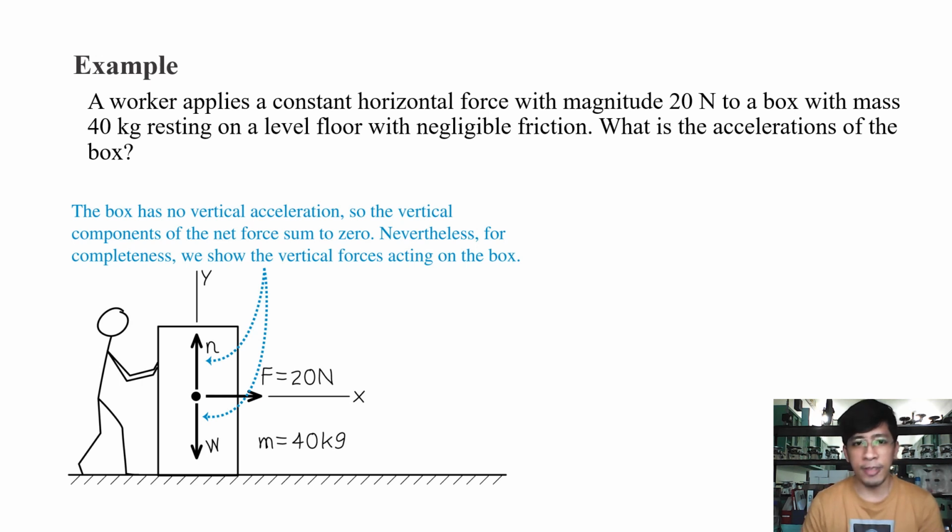Let's have an example. A worker applies a constant horizontal force with magnitude 20 newtons to a box with mass 40 kilograms resting on a level floor with negligible friction. What is the acceleration of the box?